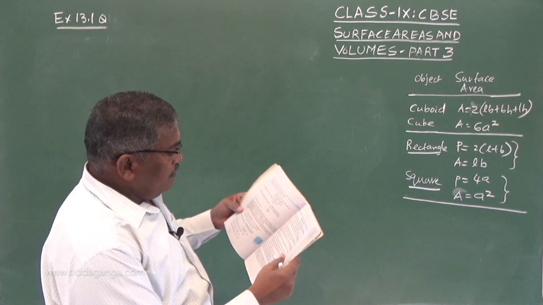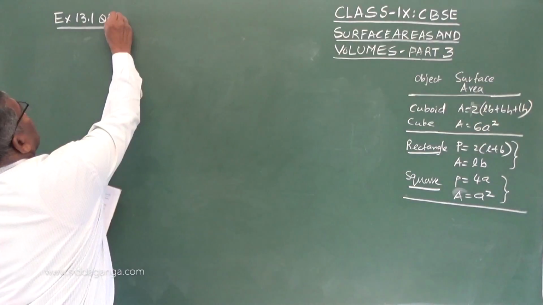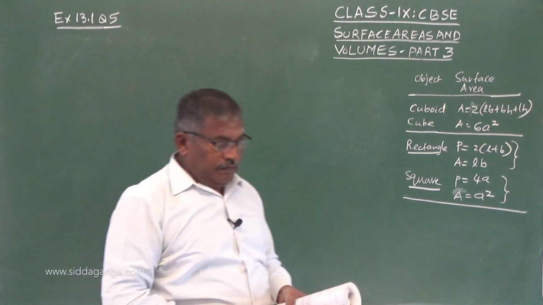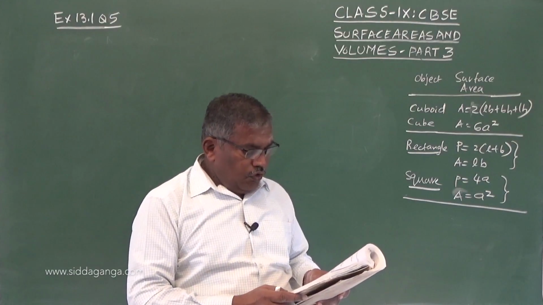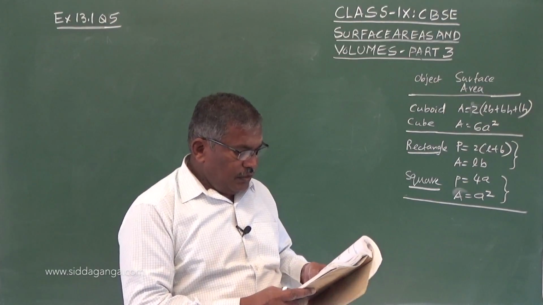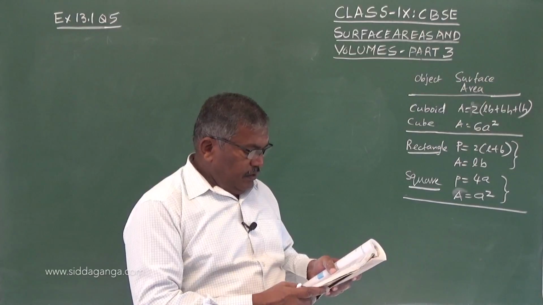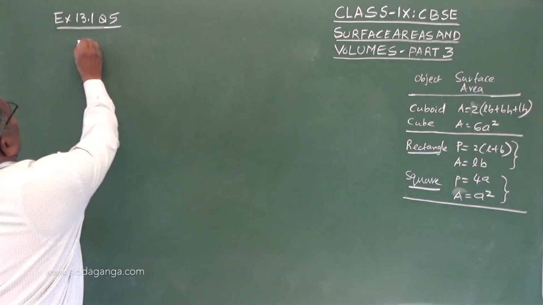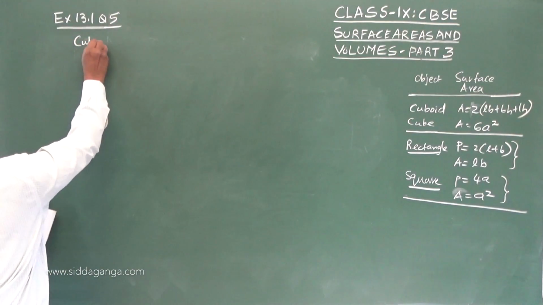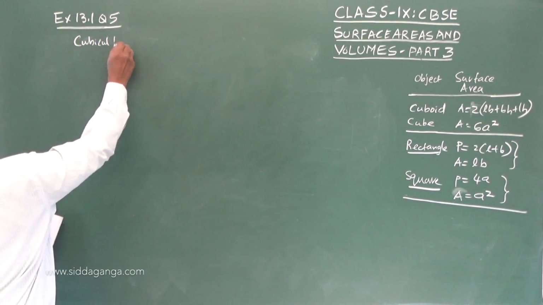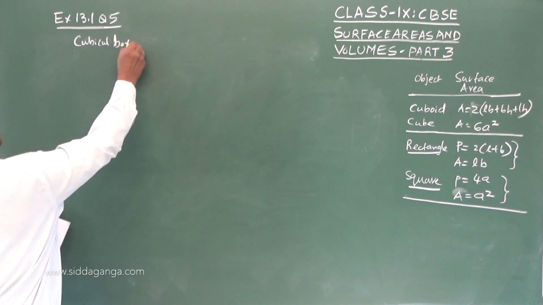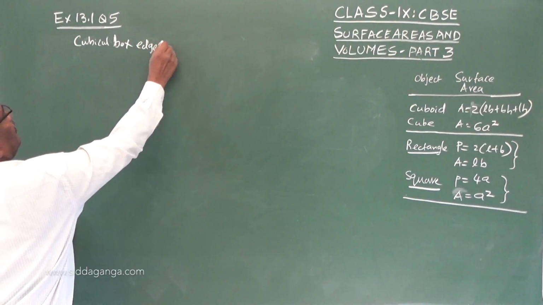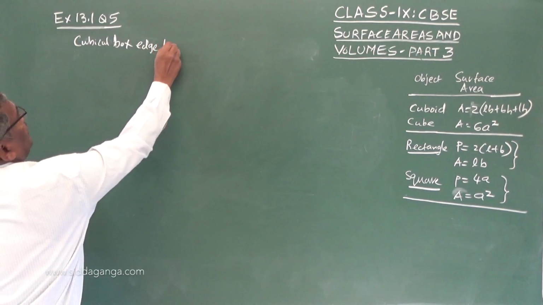So now fifth one, question number fifth. A cubical box has each edge 10 centimeter. Cubical box, edge 10 centimeter.